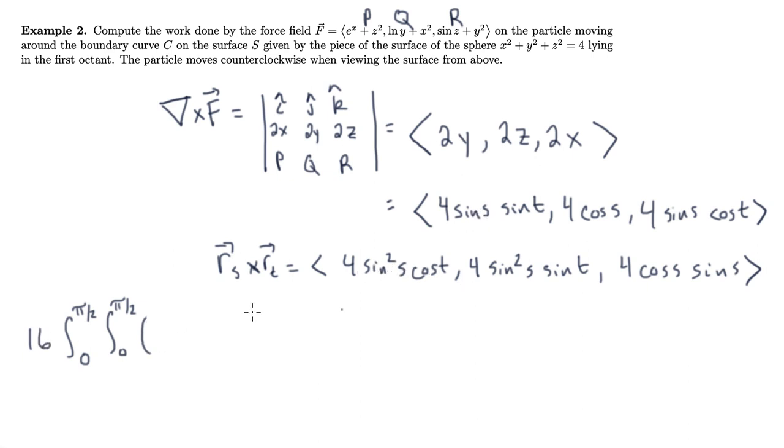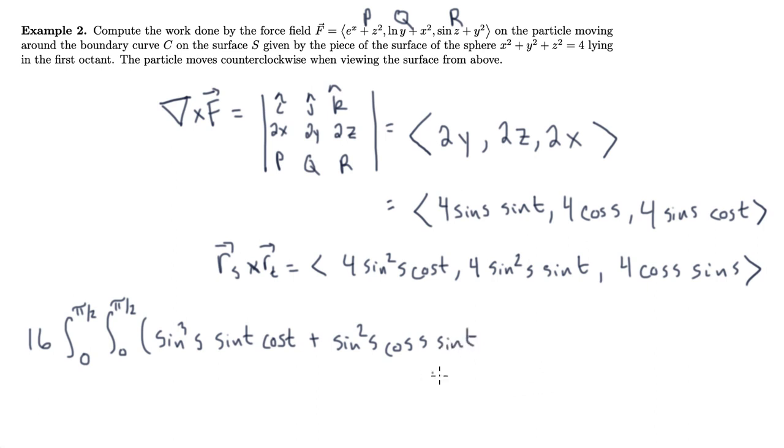And then what do we get here? We get sine cubed s, then sine t cosine t, plus sine squared s cosine s sine t.